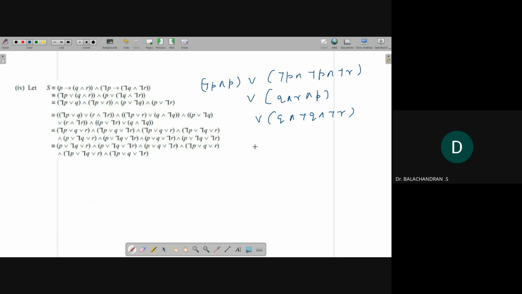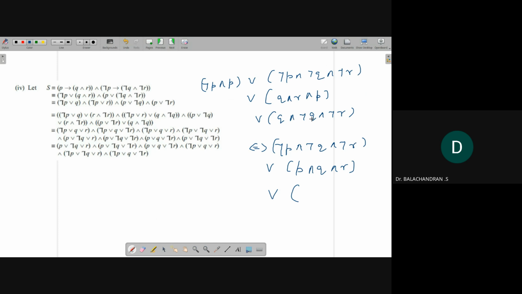Here what you'll get? This is equivalent to negation P, because negation P and negation P is negation P. I think negation Q are there, because of the extended distributive law: negation P and P, negation P and negation Q, negation Q and negation R. Now this is equal to negation P, negation Q or negation R. This is P and Q and R, and then R. What you will get here?